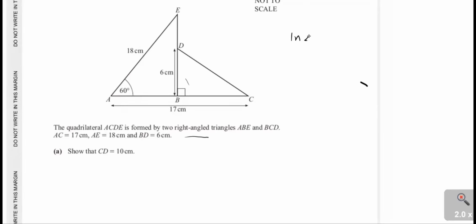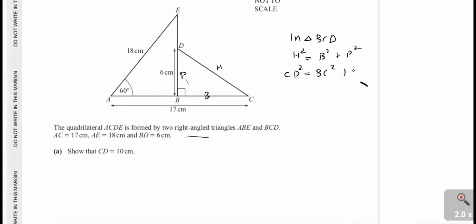In right angle triangle BCD, we can calculate length CD by using Pythagoras theorem. This CD is the hypotenuse, this length is base, this is perpendicular.